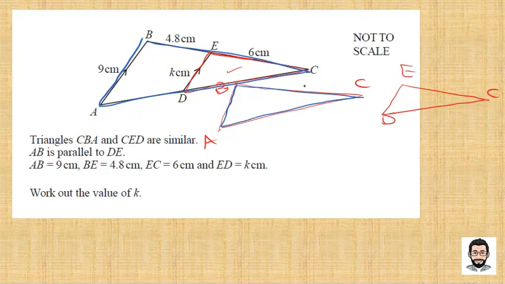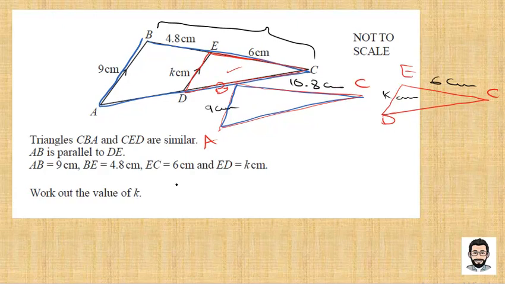Yes, and it's better to write the numbers on both of them. Okay, here we have 6 centimeter. Here we don't have it. This K centimeter means it's unknown. Here we have CB equals what? From C to B is going to be what? X is going to be 10.8 centimeter, and this is 9 centimeter.